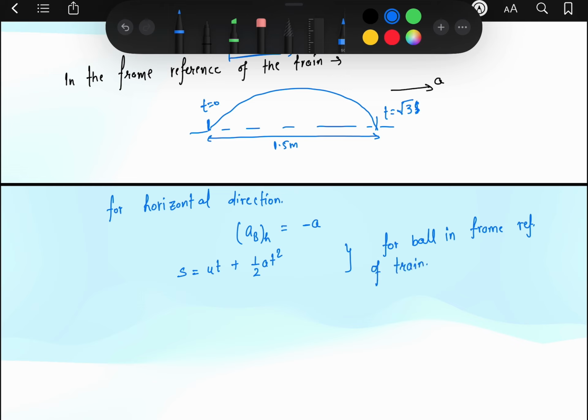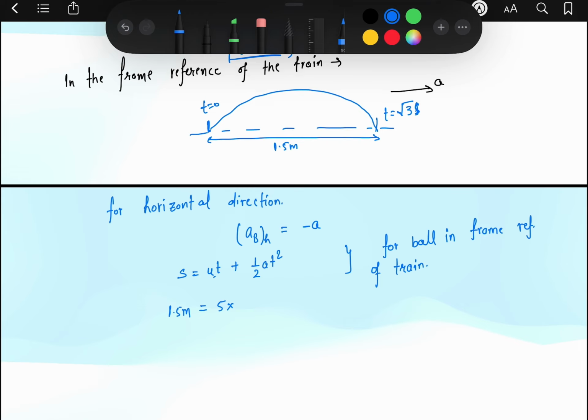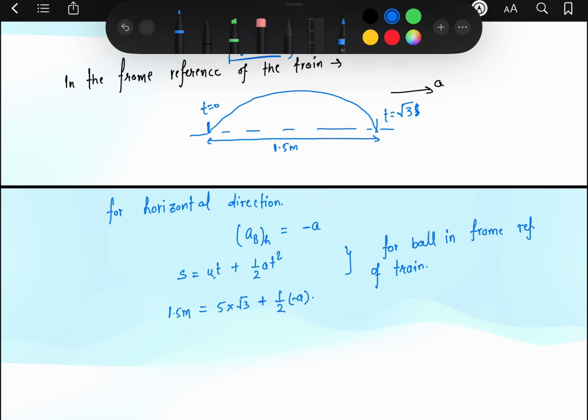Here the value of s is given, that is 1.15 meter, which will be equal to the horizontal value of u, 5 meter per second, into time period root 3 second, plus half into the acceleration of this ball in the frame of reference of train, that is negative a, into t square, which is root 3 square.